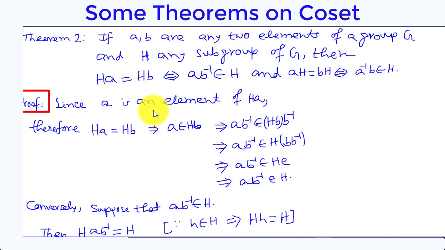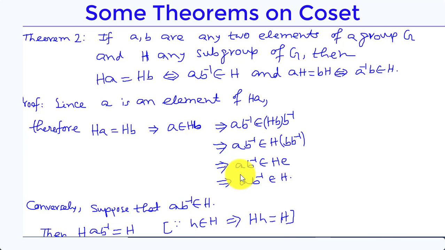Since a is an element of right coset Ha, therefore Ha is equal to Hb implies that a belongs to Hb, implies that ab inverse belongs to Hbb inverse, implies that ab inverse belongs to Hbb inverse.